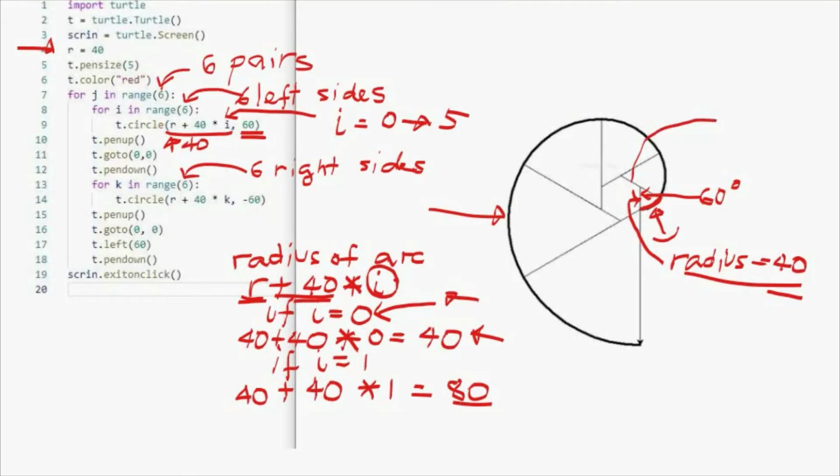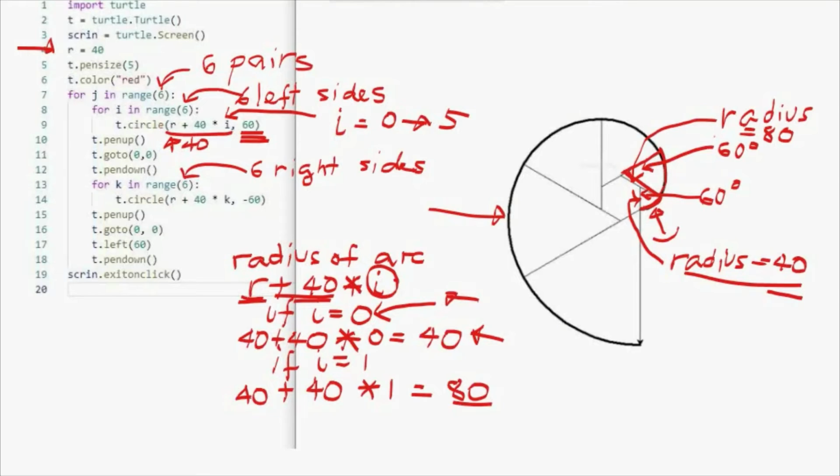Radius is equal to 80. Now the central angle here, the 60, does not change. So we still have a central angle here, which is 60 degrees. And together, the central angle and the radius of the circle like this, they create this arc here.